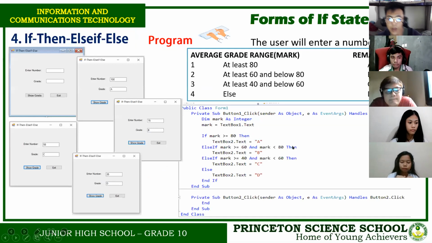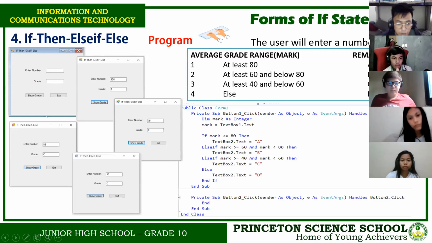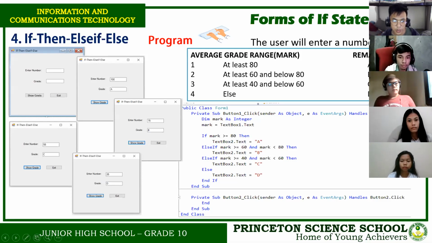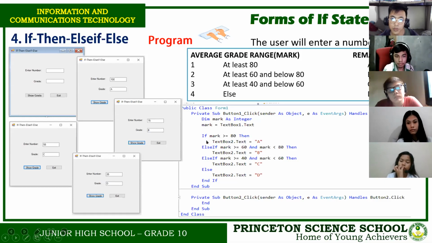Okay, so in here we have the example code. Everyone, take note of the code. David, can you open your Visual Studio? Tell me when it is opened already. In here, you're going to try to make this code.